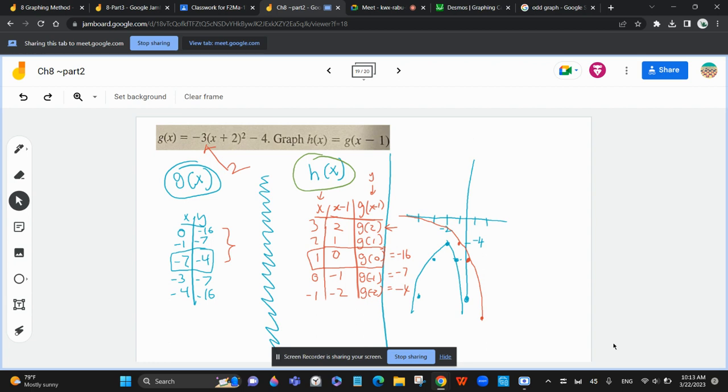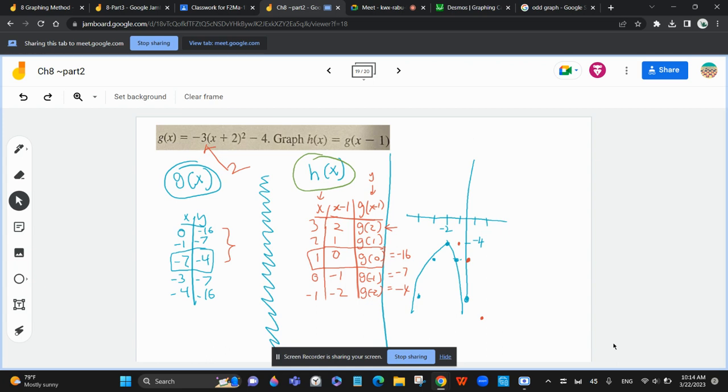Because g of x minus 1, which is also h of x, is also a quadratic function, right? And the maximum is at x equals negative 1.